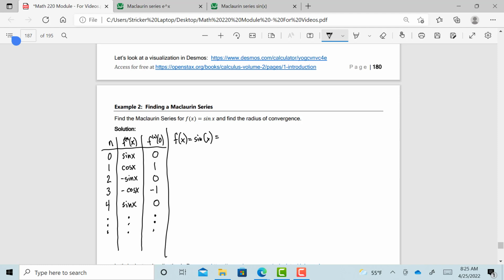So the first term is going to have 0 in the numerator over 0 factorial times x to the 0. And then we have 1, right? That's right here. This is 1 over 1 factorial times x to the first. Then the next numerator is going to be 0.